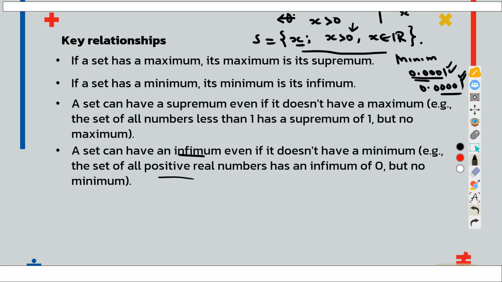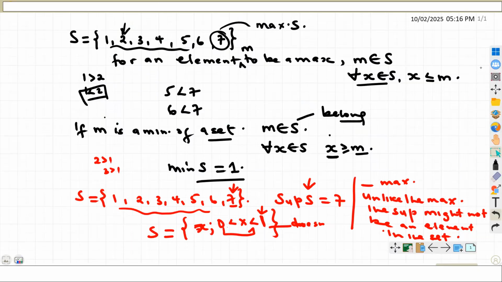You cannot have any other value. So 0 is called the infimum, but 0 cannot be the minimum, because 0 is not part of this set.